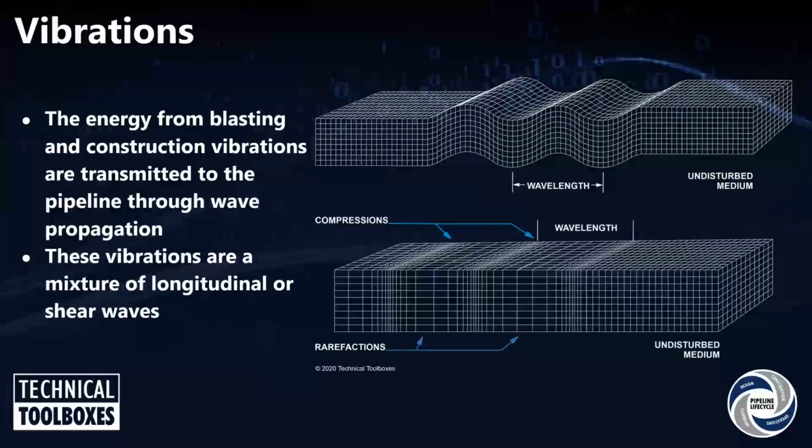The primary difference between them is the direction of the particle movement versus the direction of the propagation. With shear waves, the direction of the particle movement, as you can see in the picture, is up and down, but the direction of the propagation is from left to right. So the direction of wave propagation is perpendicular to the direction of the particle movement. In a compressive wave, the direction of the particle movement and the direction of the wave propagation are the same.